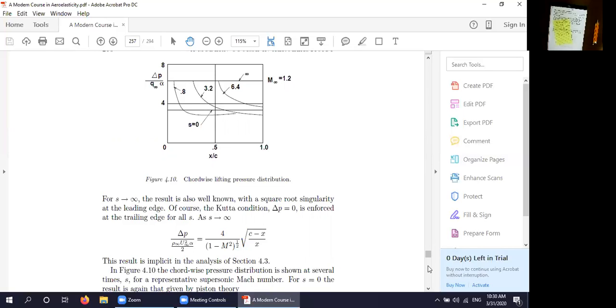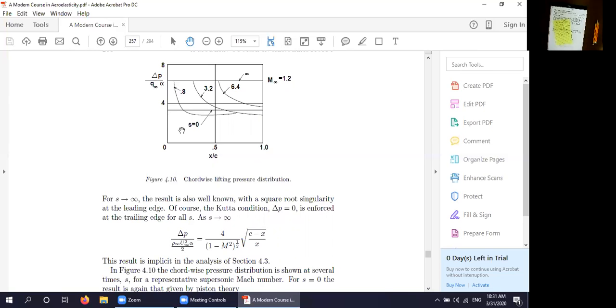shows you some more details of the solution for a Mach number of 1.2. And what this is showing you is the pressure differential across the airfoil divided by the dynamic pressure, that's q infinity, that's 1/2 rho infinity U infinity squared, divided by, in this case, alpha, the effective angle of attack, which in our homework problem is just h dot over U infinity.